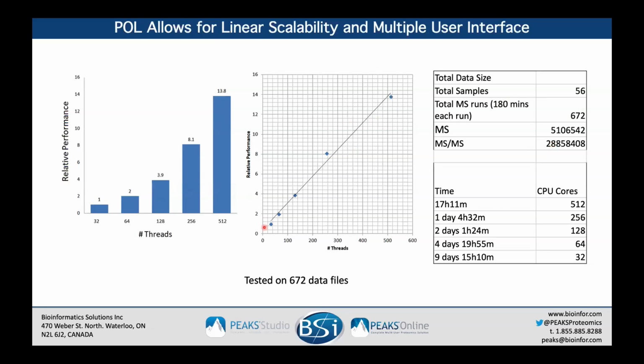And what you can see is that as you increase the number of threads, you decrease linearly the amount of time it takes to do that search. And so relative performance is essentially increased linearly, and these can be added or downgraded as needed, depending on your license.